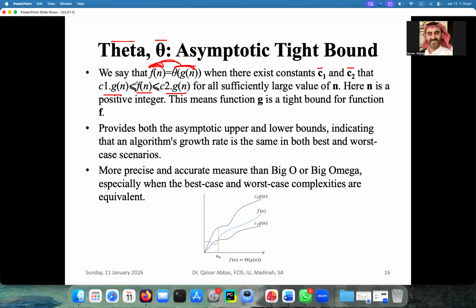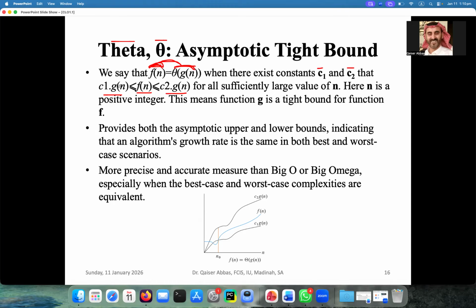F of n would be greater than this and less than this, for all values. Yeah, it is in between, which exactly means it is in between.